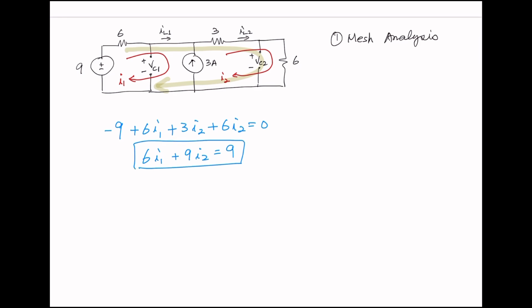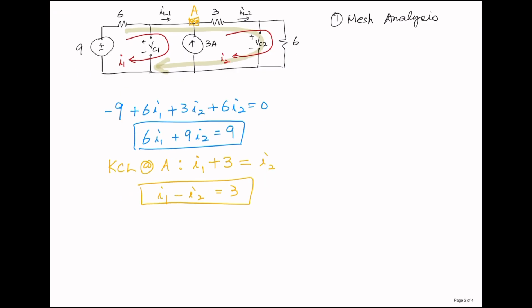The second equation we can get is we have to use the 3 amp source. So we're going to do KCL at node A. Entering I sub 1 plus 3 equals leaving I sub 2. So if you move I sub 2 to the other side and 3 to the other side, we have I sub 1 minus I sub 2 equals 3.